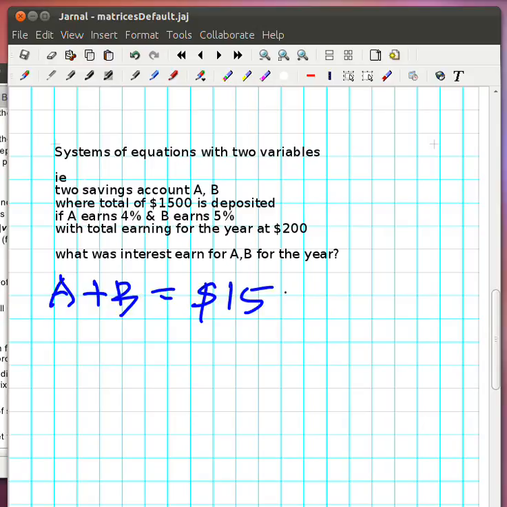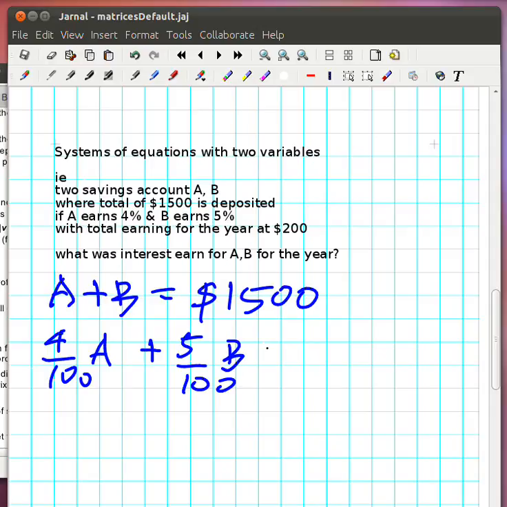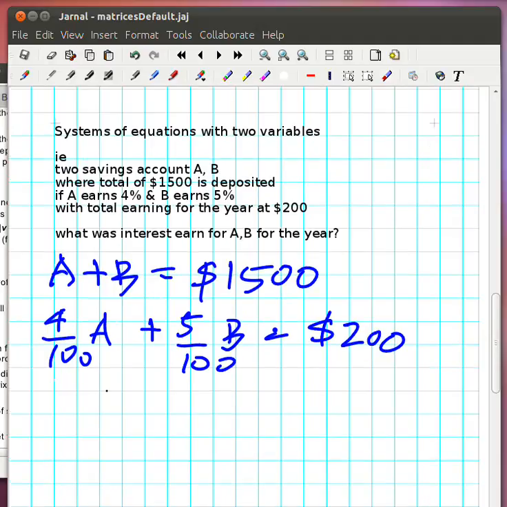So we're gonna deposit both of them, and we're gonna have 4% earned, right? So that's 4 out of 100 in A, plus 5 out of 100 in B, and the total interest for that year was $200, right? So we want to see what we get from A and B.